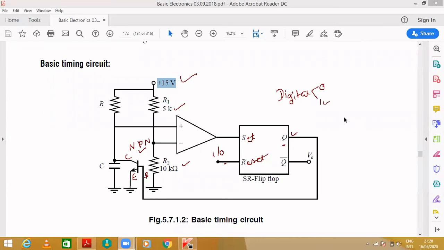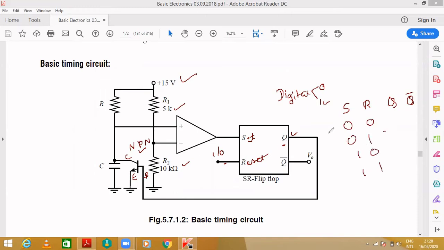I'll just write a table of the SR flip-flop, then it is very easy to know. So for the SR flip-flop, S is set, and the combinations will be 0 0, 0 1, 1 0, 1 1.